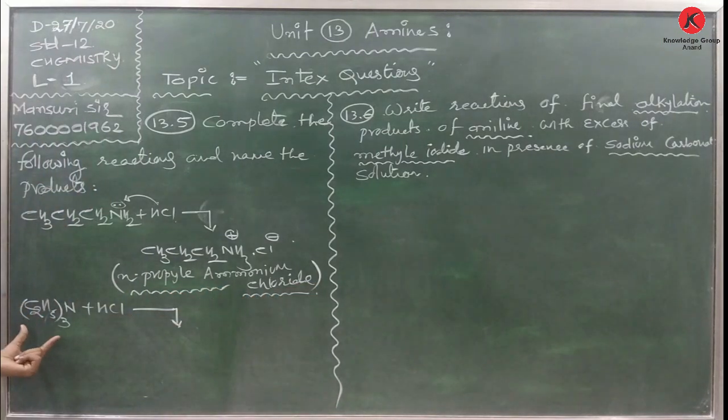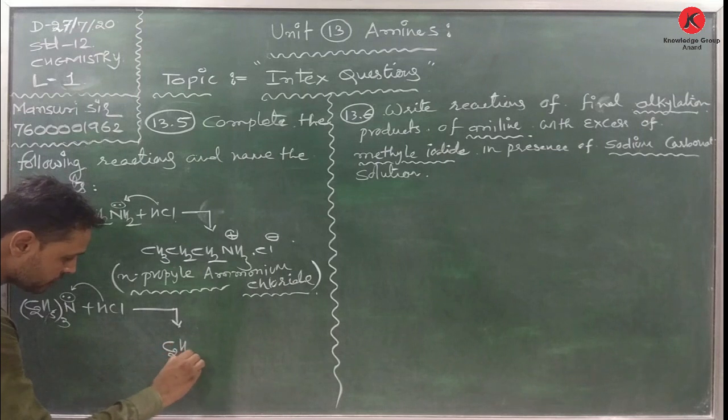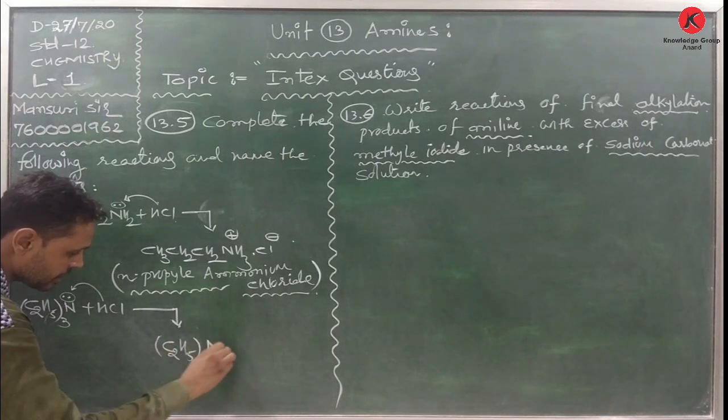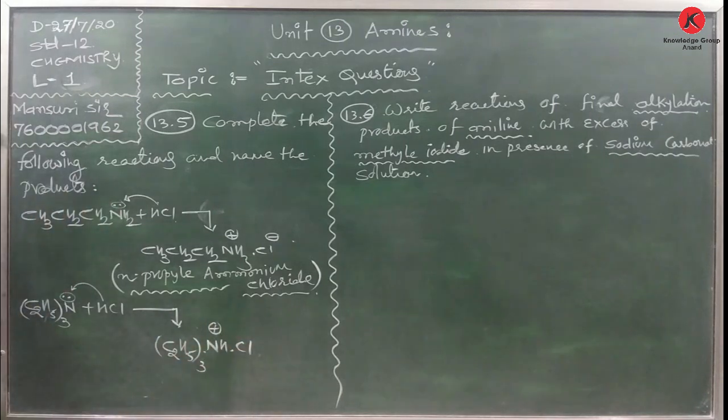Thereafter the second one, triethylamine is given, which reacts with HCl, and then a salt will be obtained. Here also, due to the electron density on nitrogen, hydrogen goes toward the nitrogen. That means protonation will take place. That is why (C2H5)3N plus HCl gives the product with Cl minus.